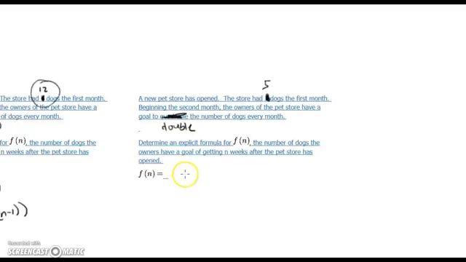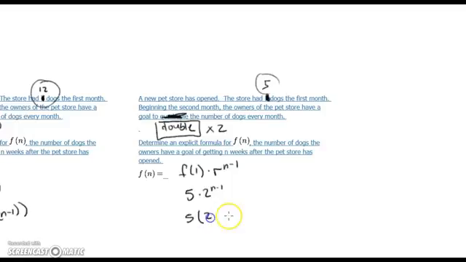So we know that we need our first output, which is our 5, and then we need to multiply it by our rate. How much are we growing by? We are doubling, so that means times 2 to the n minus 1. So we've got 5 times 2 to the n minus 1, which is the same thing as typing in Schoology, 5 parentheses 2 caret parentheses n minus 1 parentheses parentheses.